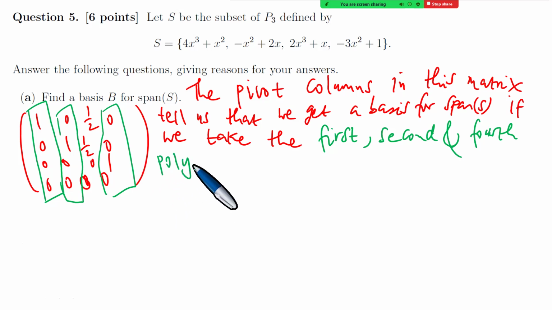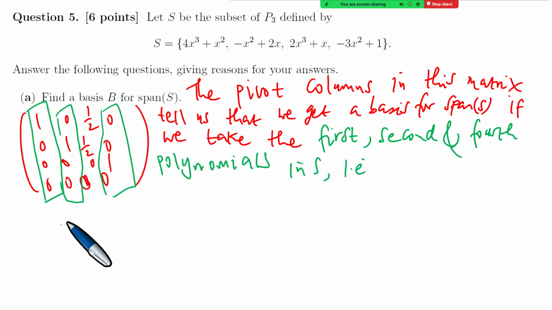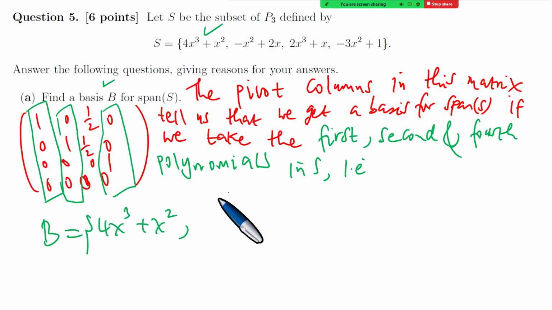Polynomials in S. That is to say, B, the basis we want, would contain the first, which is exactly 4x cubed plus x squared.